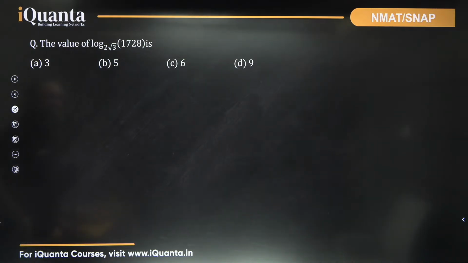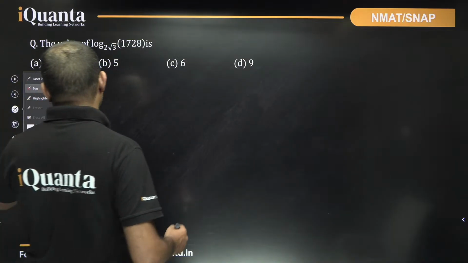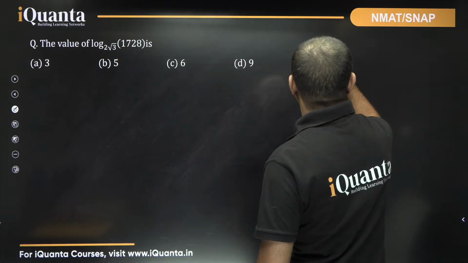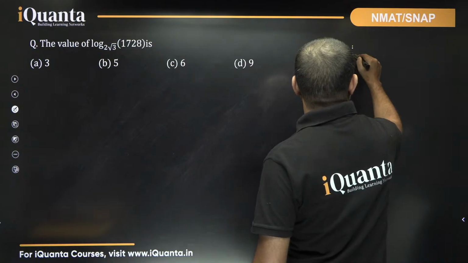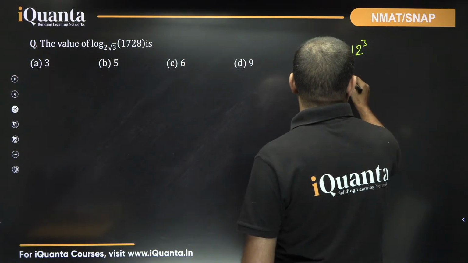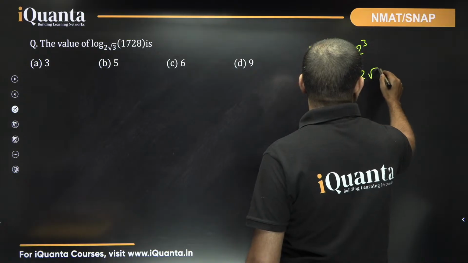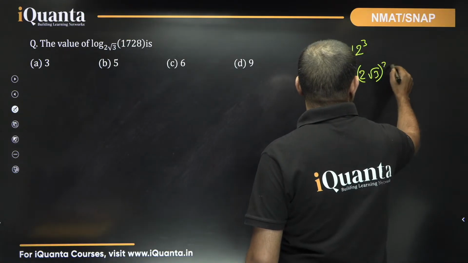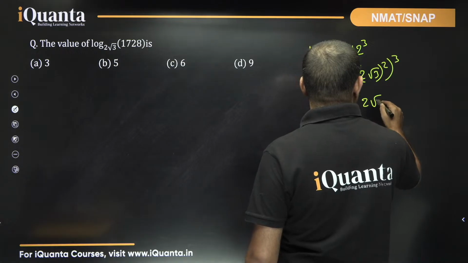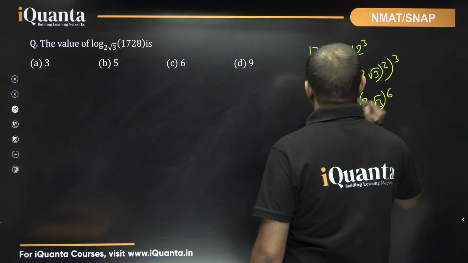What's your answer? Option C. Okay, first of all, you should know this number. What is 1728? 1728 is a very popular number, which is 12 cube. And what is 12? 12 is 2 root 3 whole square. So this means that it is equal to 2 root 3 to the power 6.